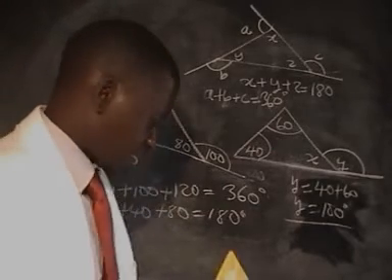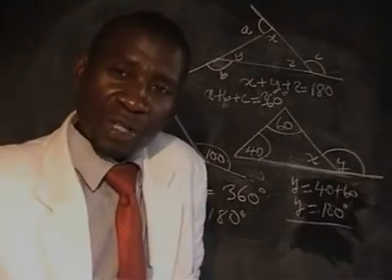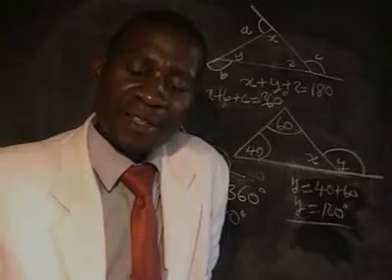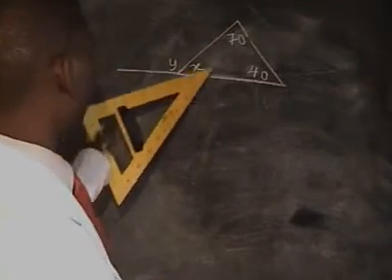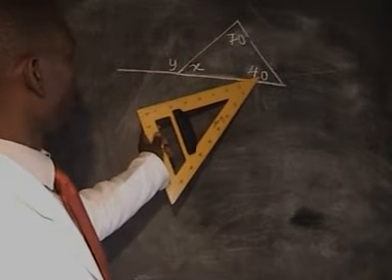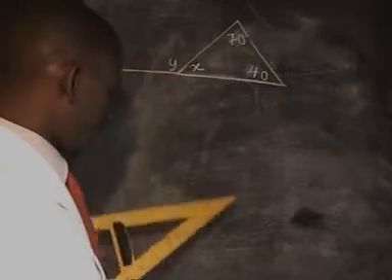I'm sure that is understood. Allow me to give some examples so that we see how we can find some of the angles inside the triangle. For this example, we have a triangle whose interior angles are 70 degrees, 40 degrees, and x degrees, whereas this is y.